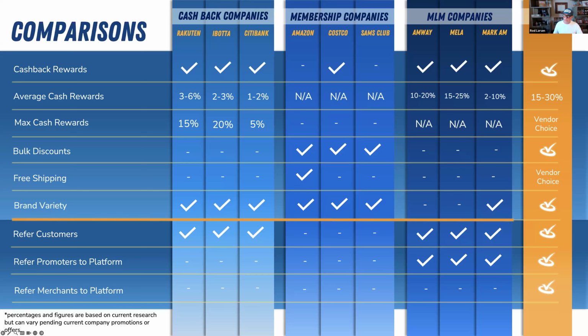The important column for you to look at is the fact that Shoply offers all of those benefits, a few based on what the vendor chooses to do, whether it's an additional cash reward back to a person or free shipping for that purchase. But in terms of being highly competitive in the really important ways, Shoply is there, and that allows us to take whatever is intended to be a direct bonus for somebody who sells a product to a customer.